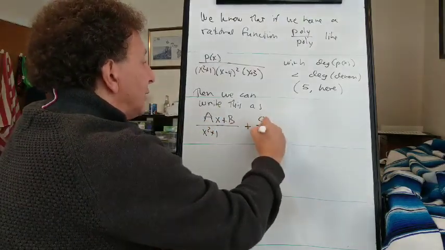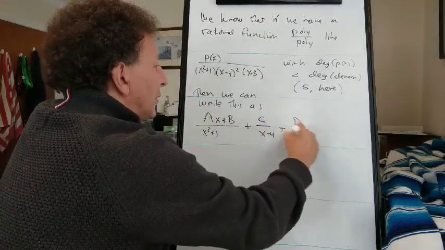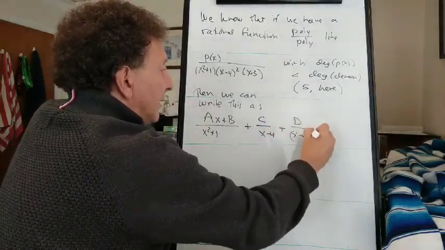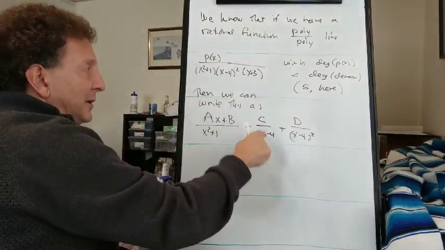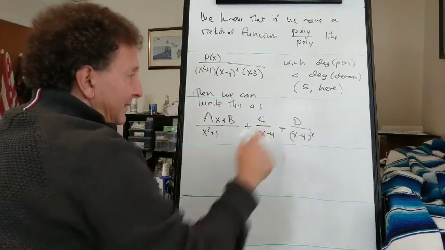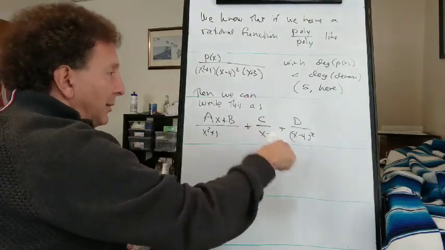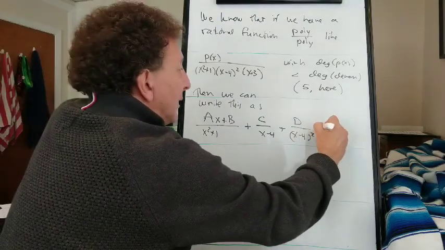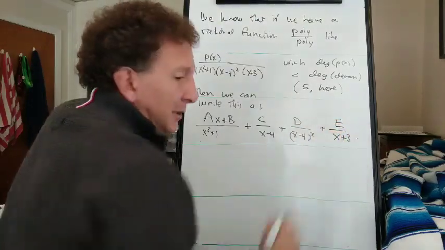Plus c over x minus 4 plus d over x minus 4 squared. Now since x minus 4 appears with the second power, we need to have a denominator for its first power and second power. If this were cubed, we would need first power, second power, and third power. And then finally, e over x plus 3.